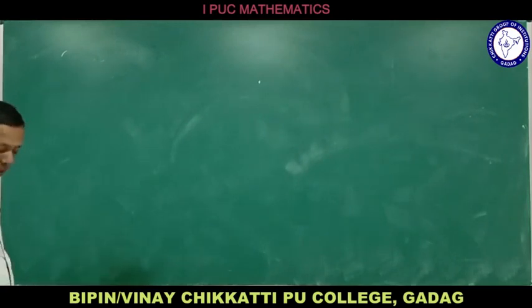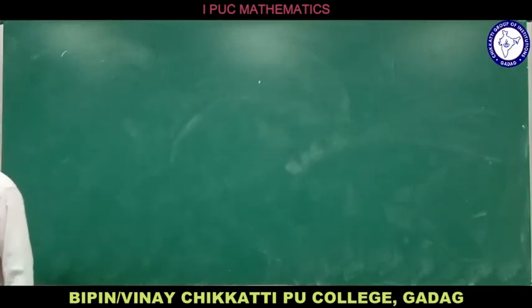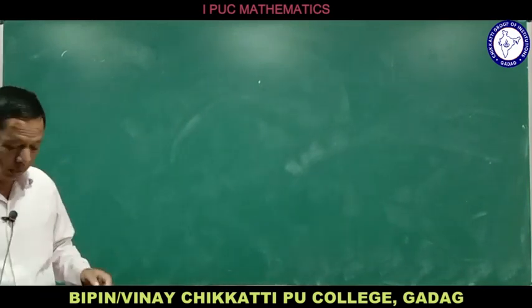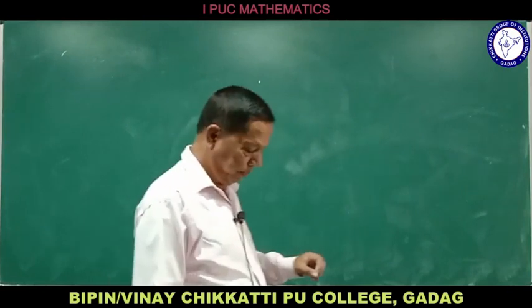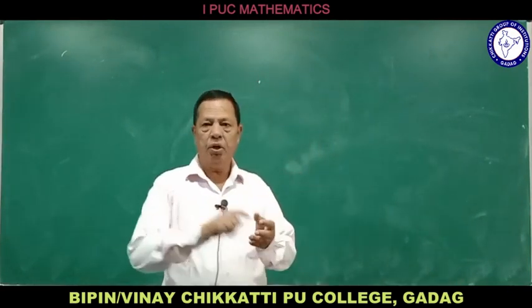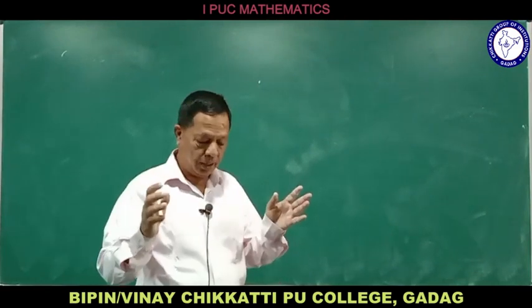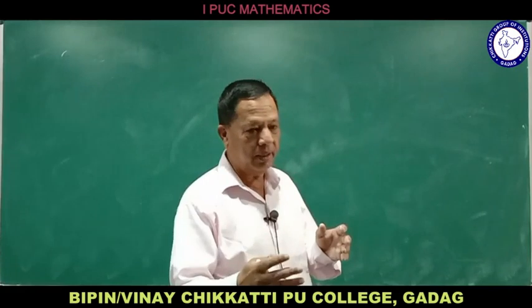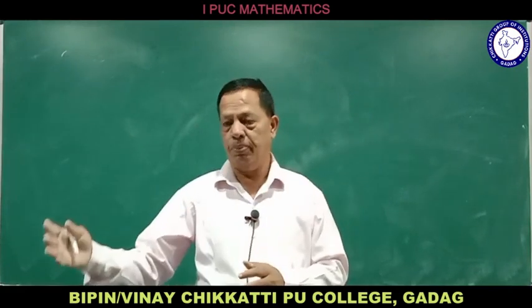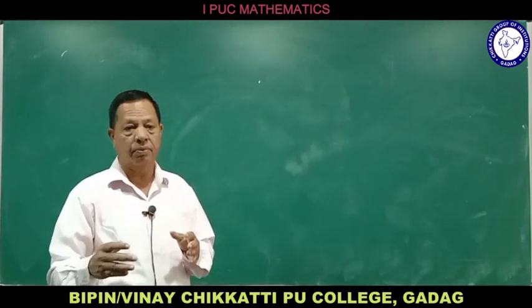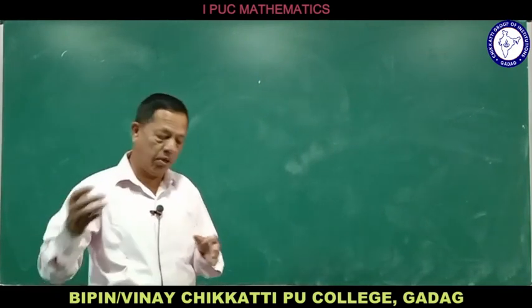Once again, better you try to understand that when you go for the terms domain, range, and codomain, don't get confused. Domain is the set of all first elements in a relation from set A to set B. The set of all second elements in the relation from set A to set B is called the range.